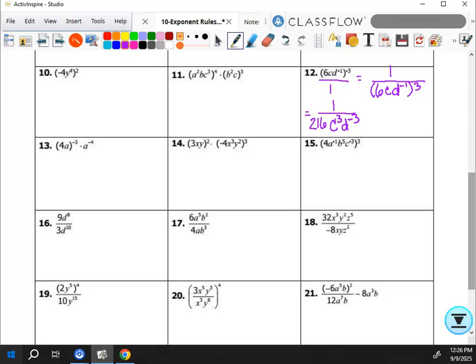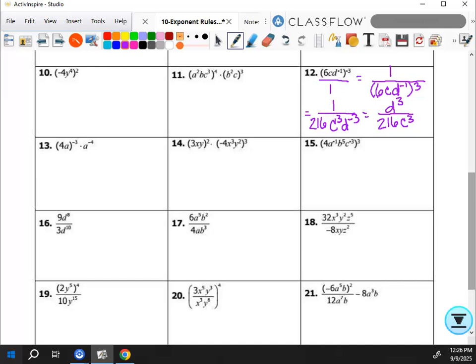Everybody with me on that? So now, am I finished? No, because to be simplified all the way, I can't have any negative exponents. Everything's being multiplied here. So now anything with a negative exponent is going to change places. And so this d to the 3rd comes into the numerator, but the 216 c to the 3rd stays down there.